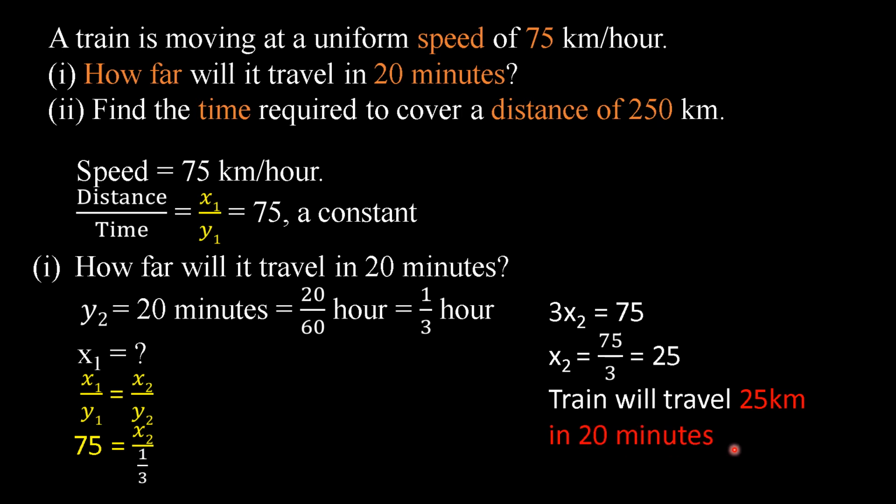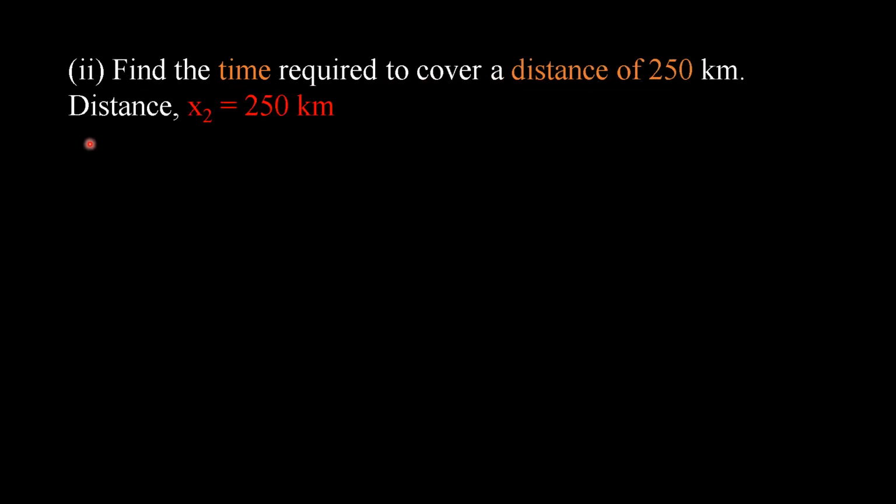So that's our answer. Second question, find the time required to cover a distance of 250 kilometers. We have distance x2 equals 250 kilometers and we also have x1 divided by y1 equals x2 divided by y2 for direct proportion. We have x1 divided by y1 equals 75 and x2 equals 250.